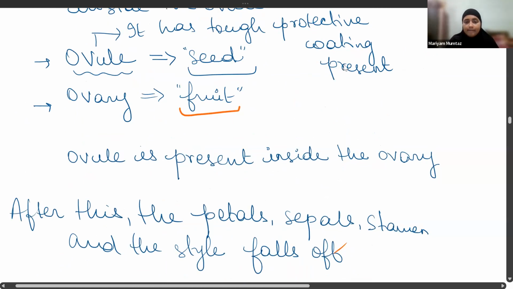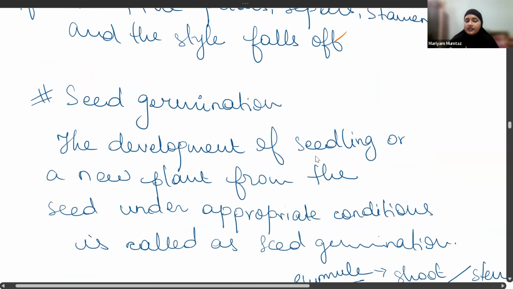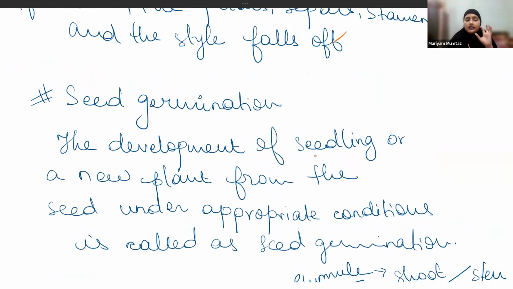Yes, ma'am. Okay. Now let's talk about seed germination. Seed germination is the whole process through which the seed develops. The seedling development is seed germination, and it happens under suitable conditions.